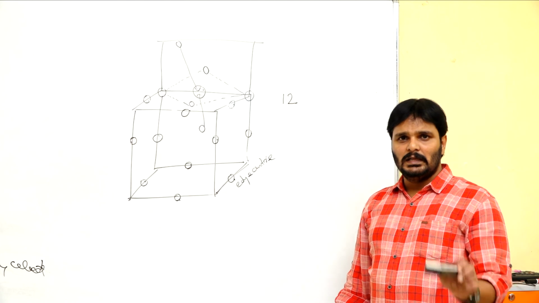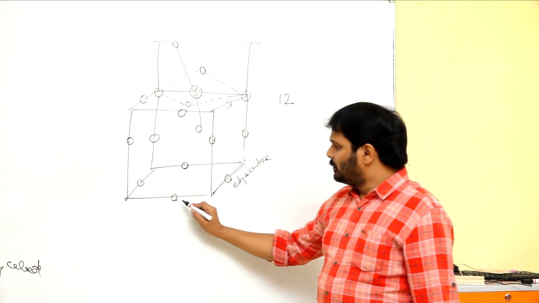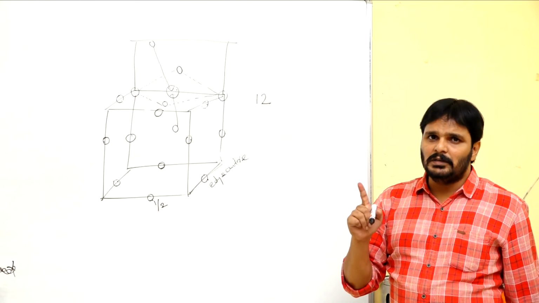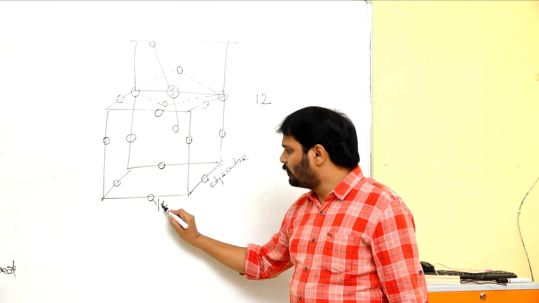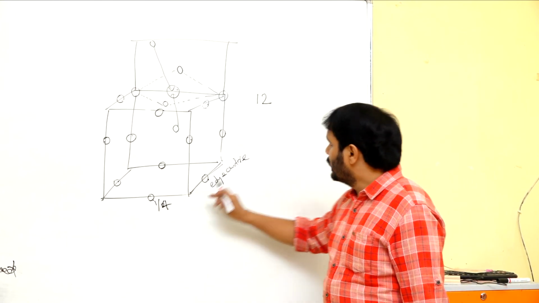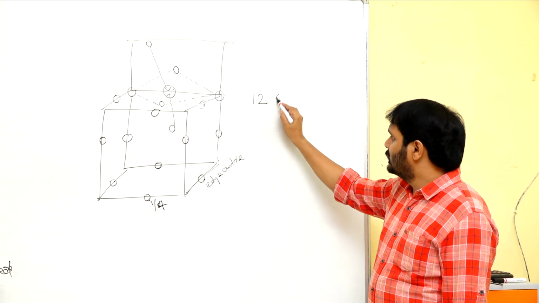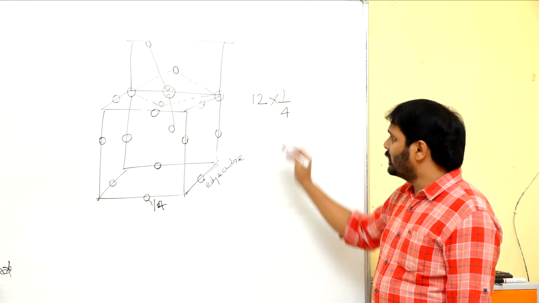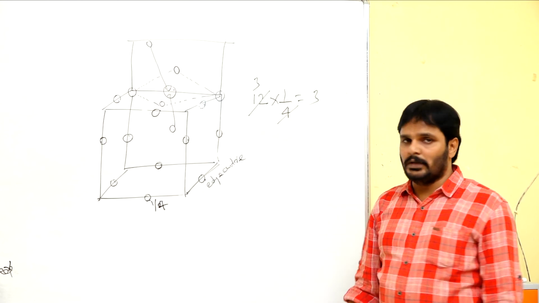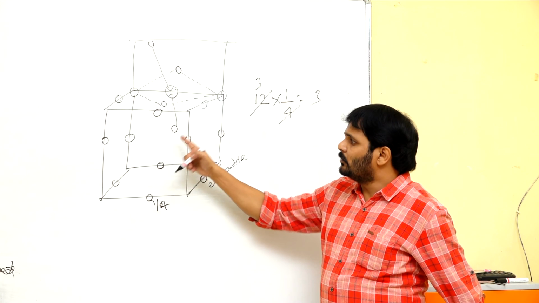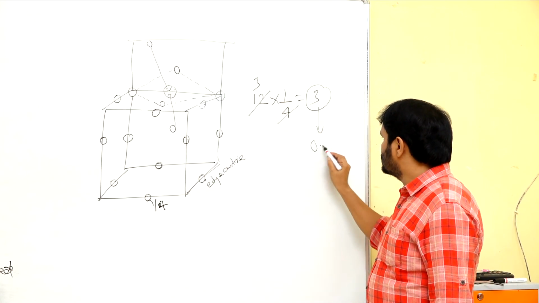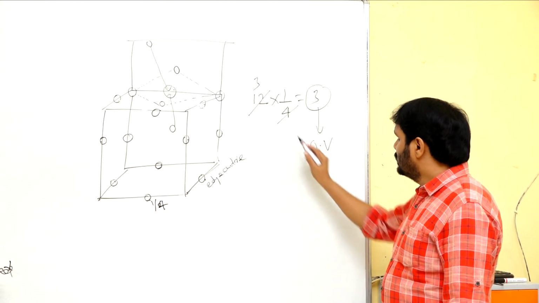So total 12 edges, if present in the edge center, the contribution is 1 by 4. Its contribution is 1 by 4, and hence there are 12 edge centers. Contribution of each one is 1 by 4. So 1 by 4 into 12 is nothing but 3. So effectively, one unit cell of FCC contains 3 octahedral voids, the position is edge center.